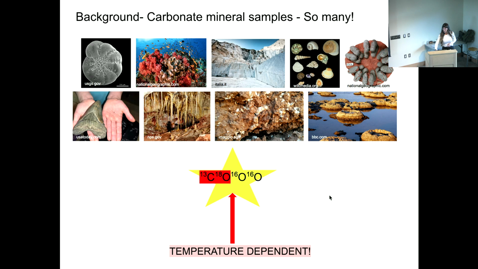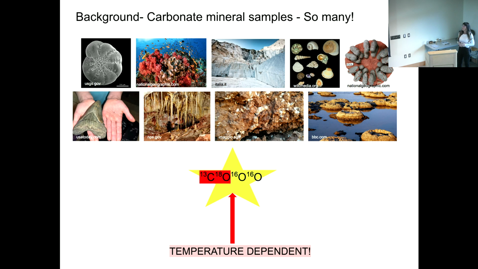And it's really a great technique because carbonate minerals are extremely common in nature in so many different settings. So these are all different samples that we've used in our lab at UCLA. Starting at the top left there, that's a foraminifera. They're these very, very tiny shelled organisms that live throughout almost every ocean on Earth.